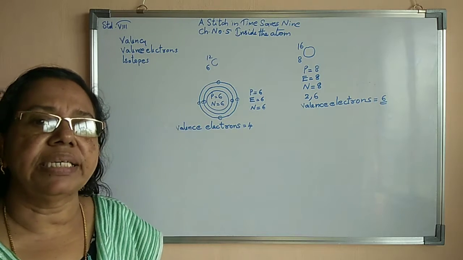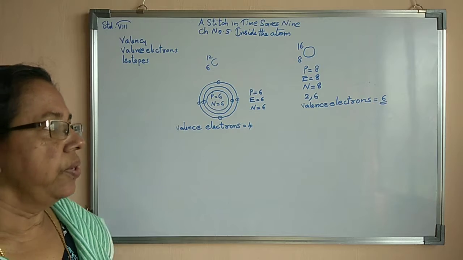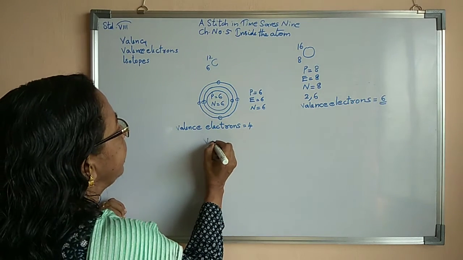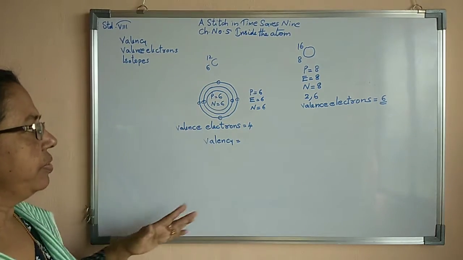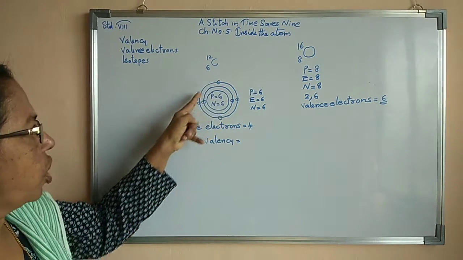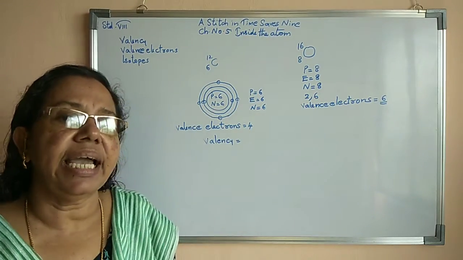Now we are studying what is valency. For finding valency, you have to see that here the outermost orbit has 4 electrons, and here the outermost orbit has 6 electrons.